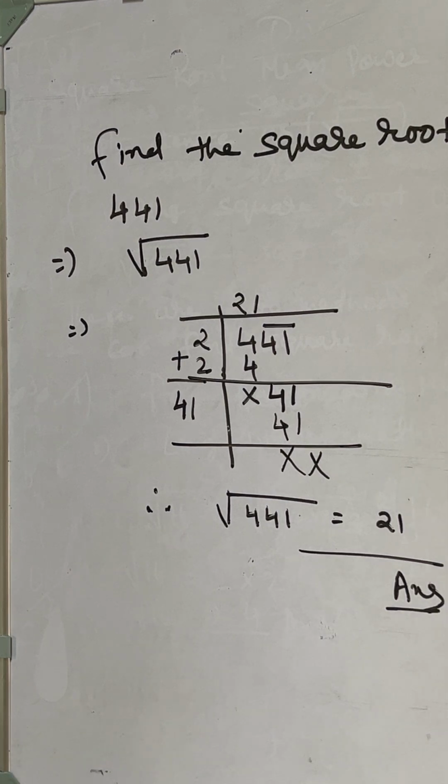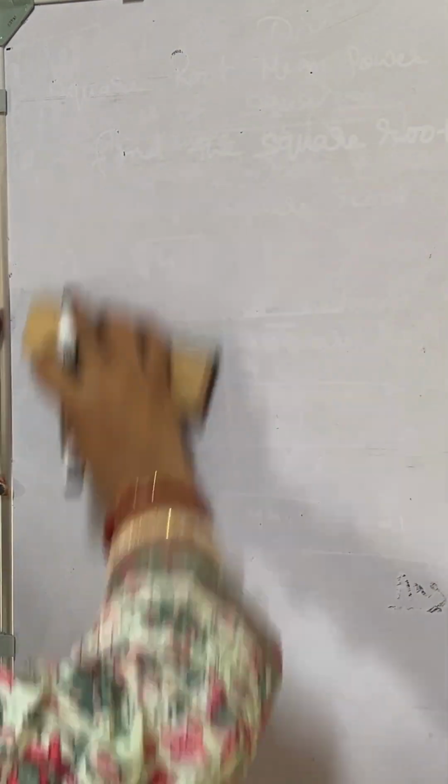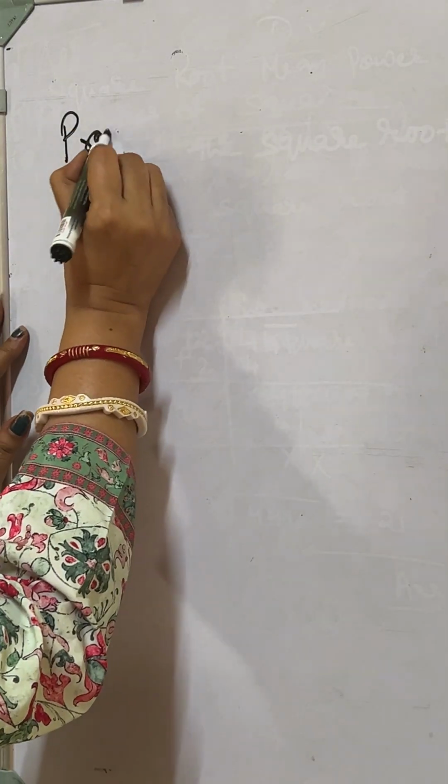Now the next thing, we will understand some properties of the square root. So what are the properties of the square root?